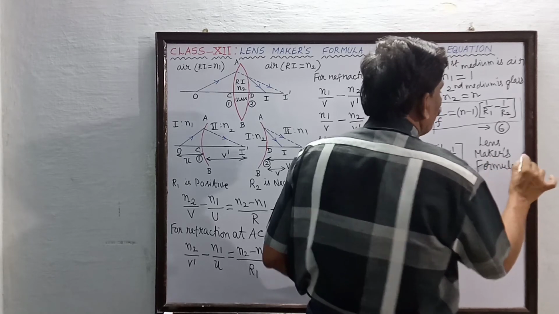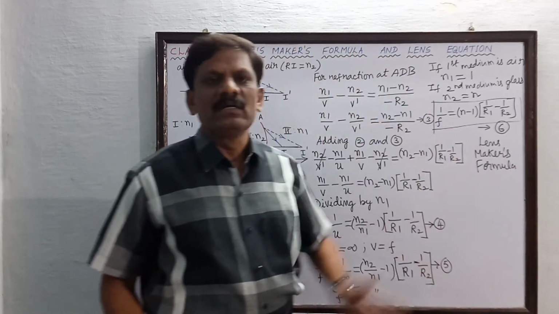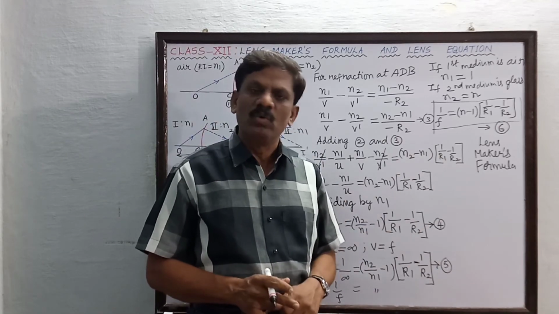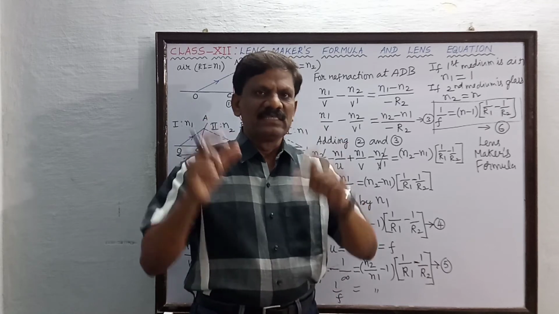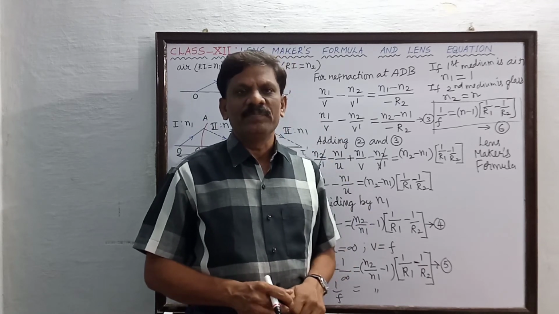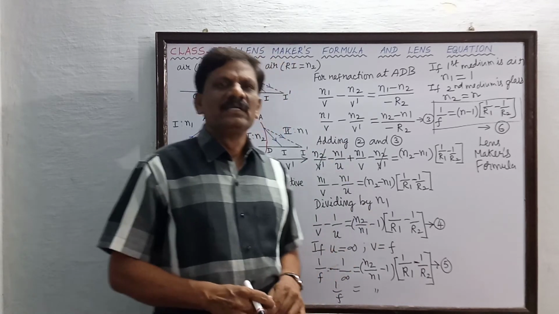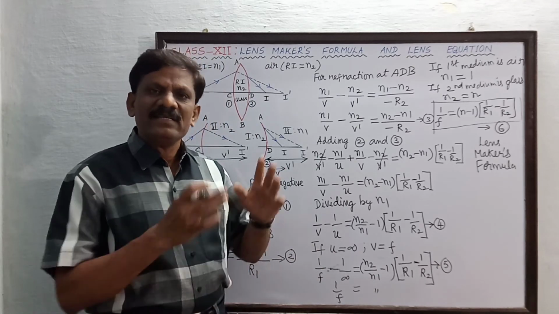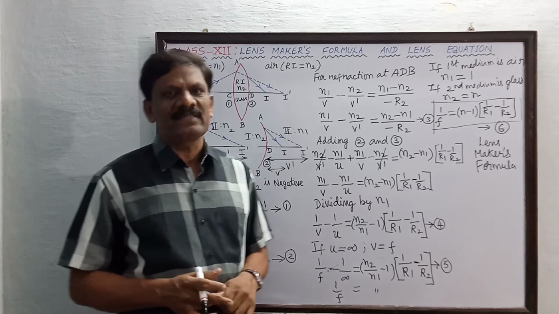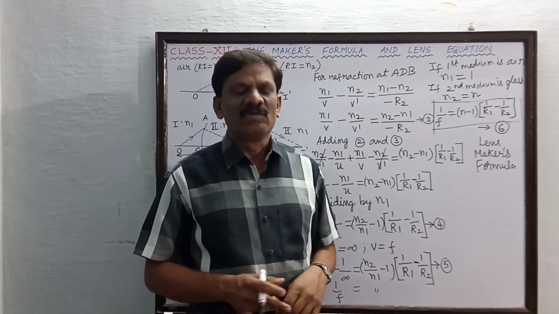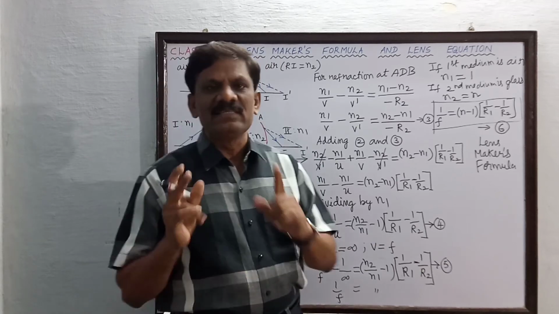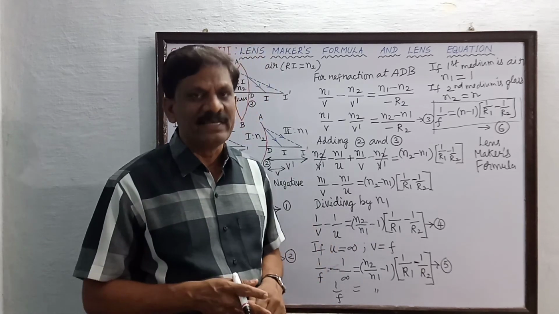Suppose you go to the doctor for an eye checkup, to an ophthalmologist for opinion. They suggest some powered glasses to you. In terms of diopter, the power of the lens is prescribed. The lens maker will manufacture the glass according to the required power. So what information is needed for the lens manufacturer, who is also called the lens maker?